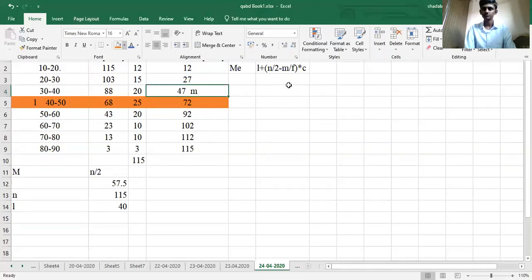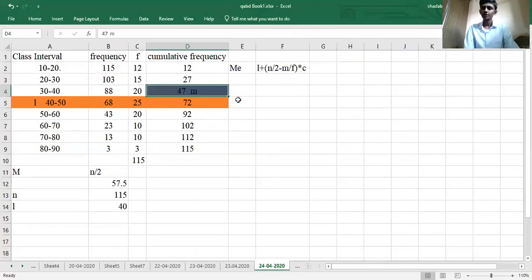We got M. F is the frequency in the median class.